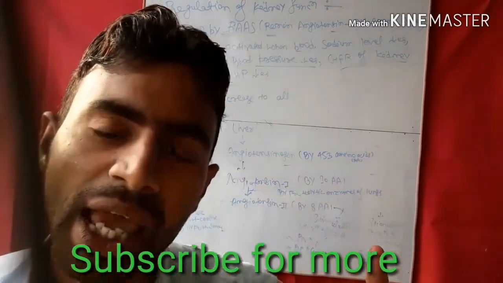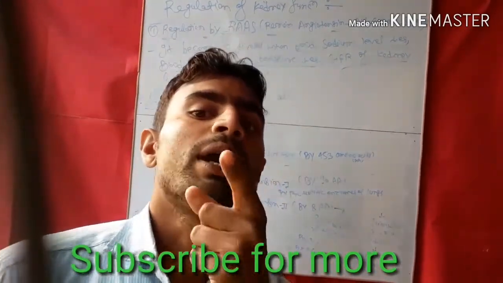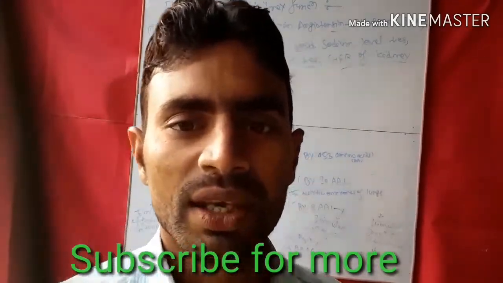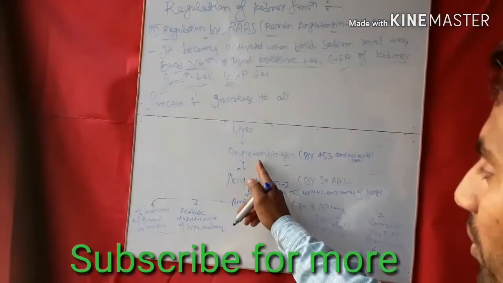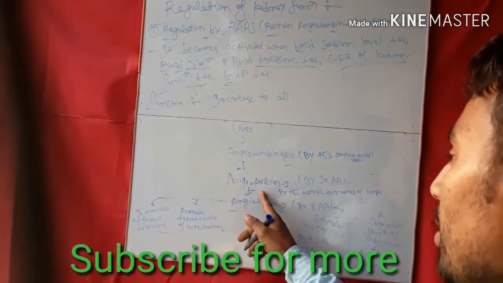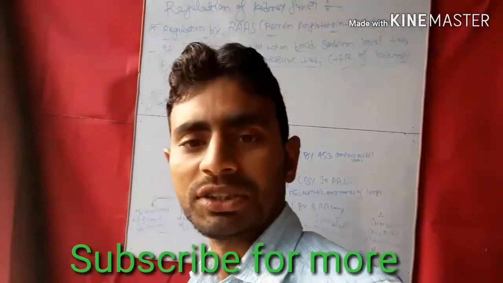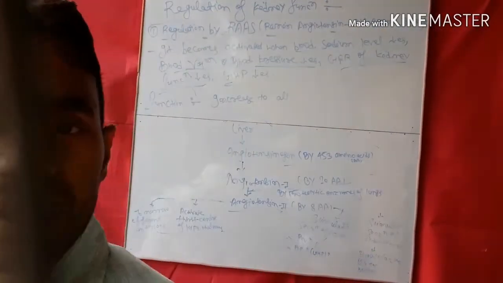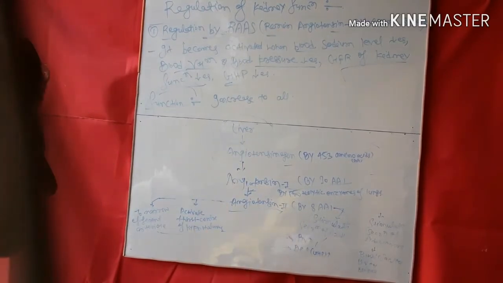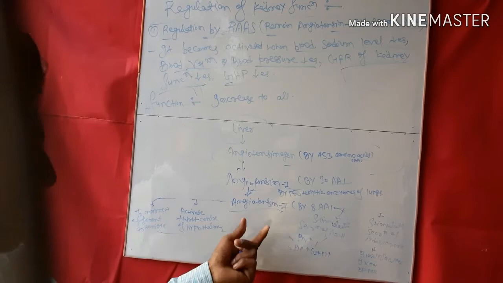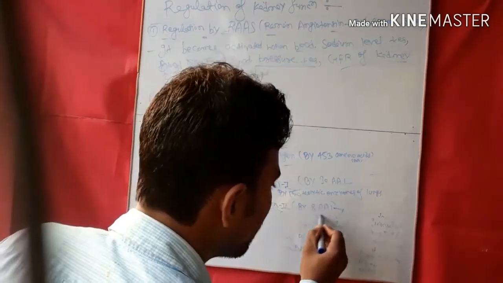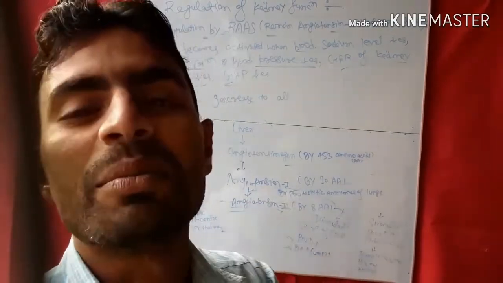Angiotensin first is converted to angiotensin second by a proteolytic enzyme of the lungs. Angiotensin second is made of 8 amino acids.